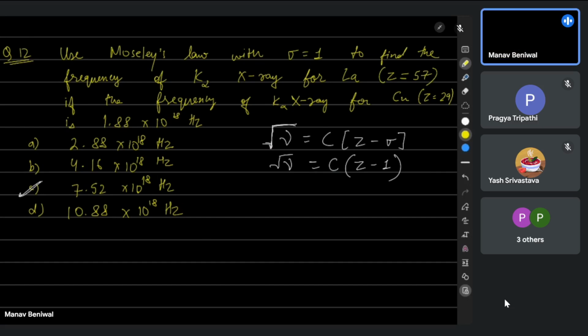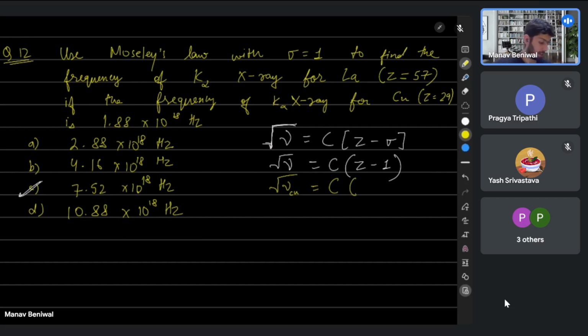Now for the case of copper, this will be C times Z minus 1. Here Z is 29, so it will be 29 minus 1 or 28C. For case of lanthanum, you'll have La, and this will be C times 57 minus 1, or this is 56C.